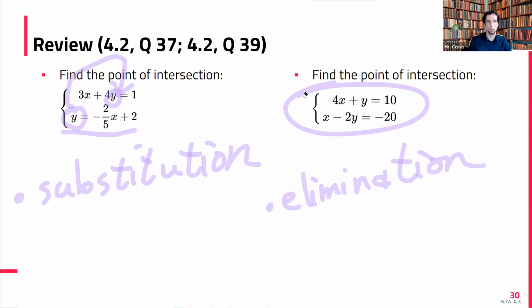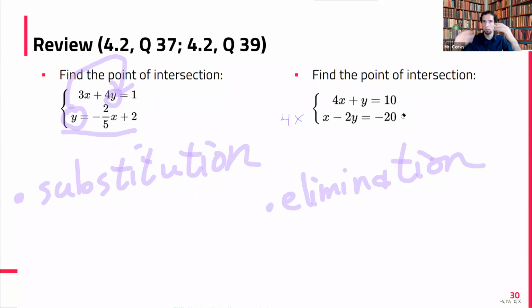We target one of the variables and then try to eliminate it by adding or subtracting the whole equations. So let's say we target the x and we want to get rid of the x's, then we would multiply the second equation by 4. So 4x minus 8y equals negative 80.